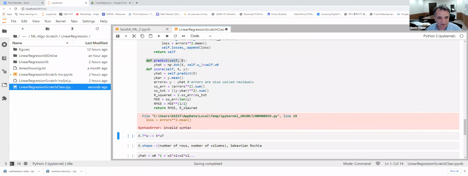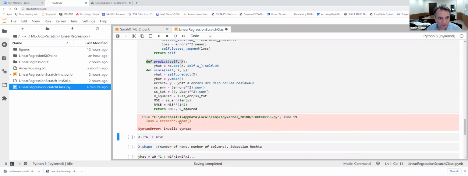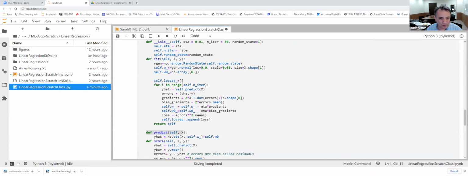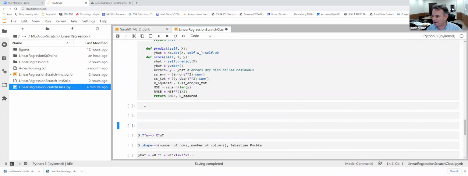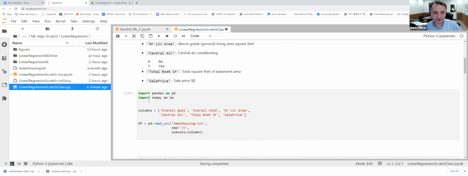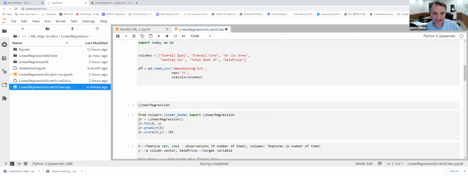Okay, so let's try if we did everything correctly. Error squared, hold on, it already gave an error. Error squared, where is it? Loss. Okay, let us try if we did everything correctly. We already imported the data set df.